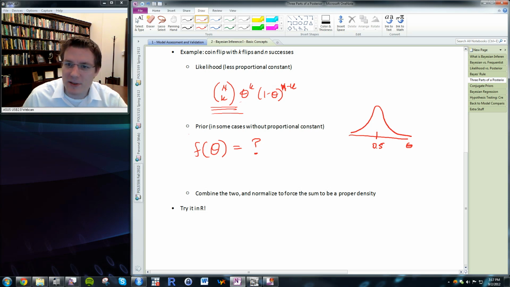I think that there's some chance that theta might be somewhere around a half, but not exactly. So if I was going to plot here on the y-axis my prior belief density about theta, maybe I have some kind of humped distribution around 0.5.